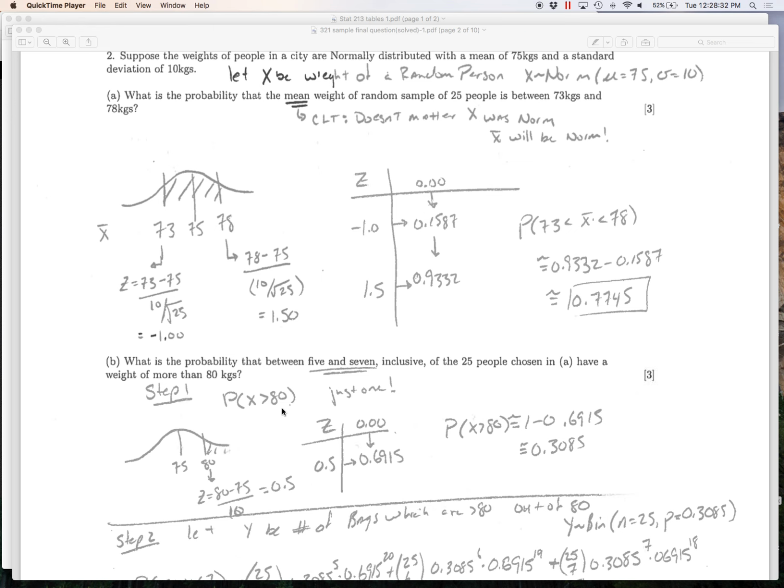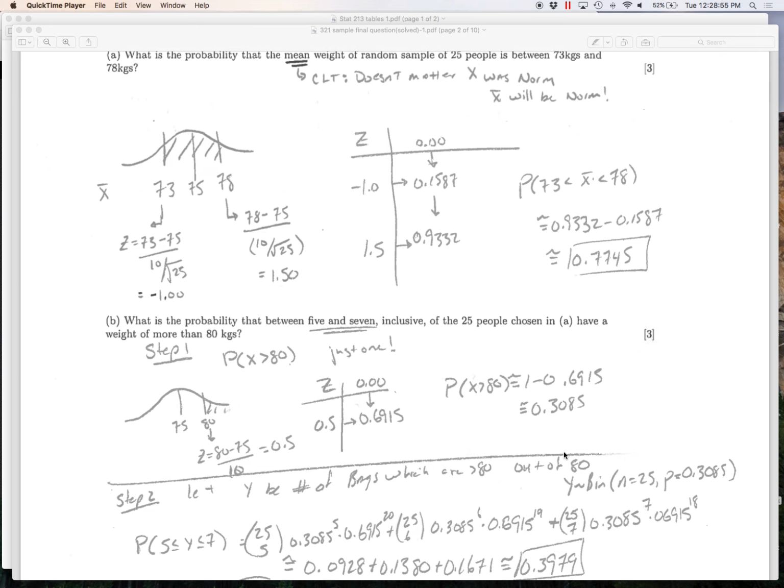I'm just talking about one person. So for one person weighing over 80 kilograms, you can find the z-score, use the cumulative z-table to find this area, then of course adjust with 1 minus to find this tail. So the probability of one randomly selected person weighing over 80K is about 31%.